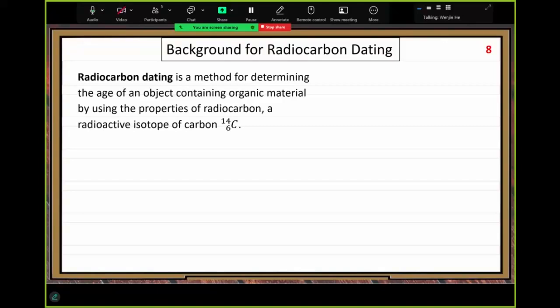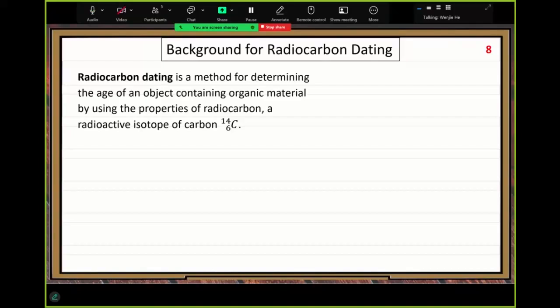So what is radiocarbon? There is one radioactive isotope of carbon, C14. C is the notation for carbon. This element has 3 different isotopes, and among those 3, only C14 is radioactive.